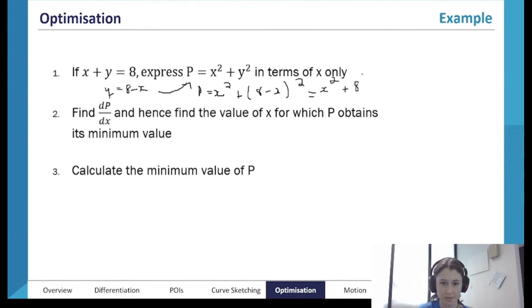So we're going to have 8 squared, take 2 times 8 times x, plus negative x squared. And it's getting messy, but this is going to give us 2x squared plus 64 take 16x.